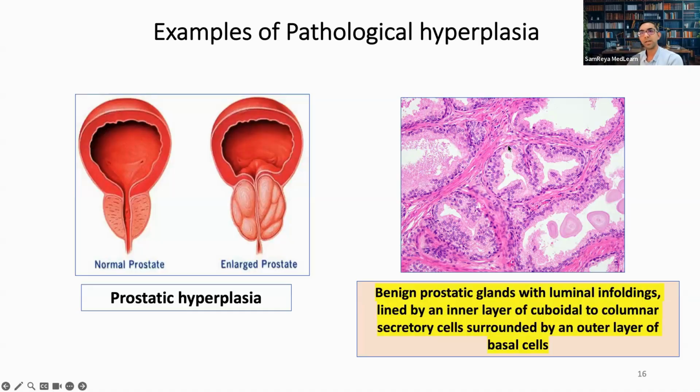So we know this is a normal gland, but increased in numbers. That tells us this is hyperplasia. What is the importance of two layers of cells? We'll talk more about this in the male reproductive system when we talk about prostate cancer. If prostate cancers happen, these glands lose one of the layers. So that is why this is important, and I wanted you to learn this.